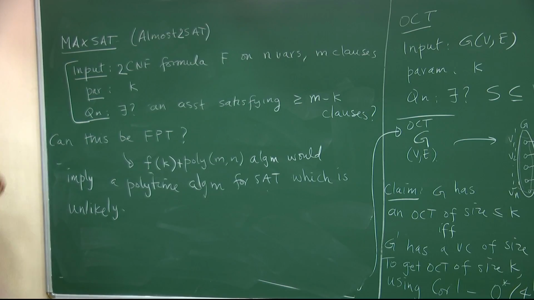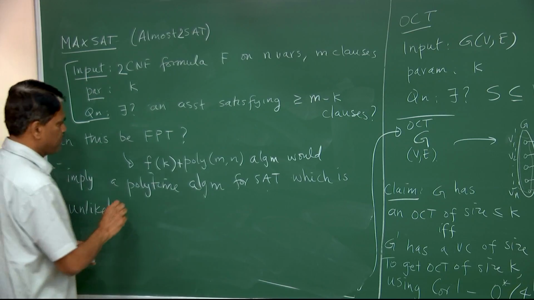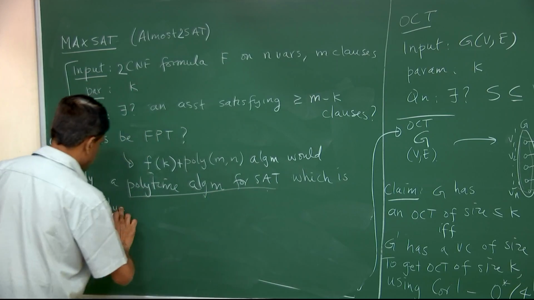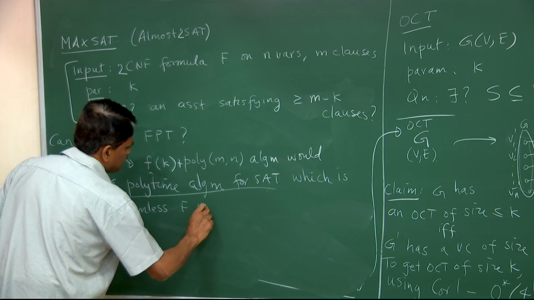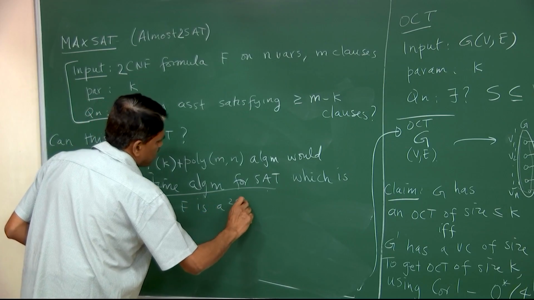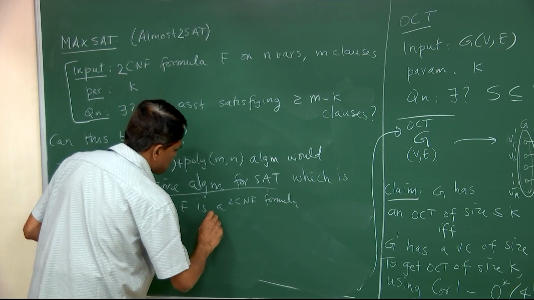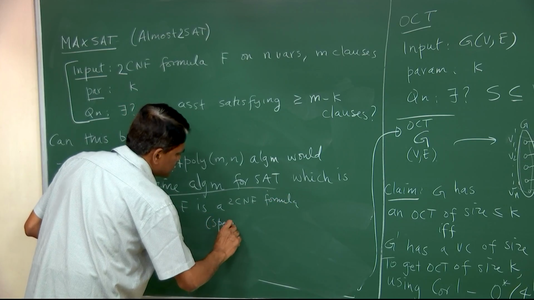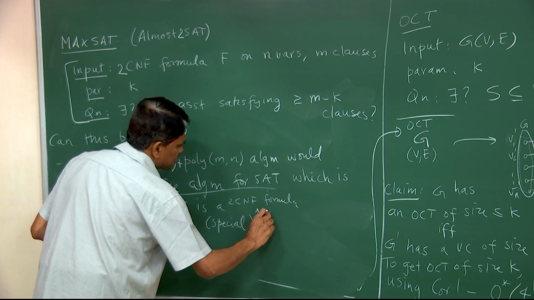So it is still possible that this could be in FPT. A polytime algorithm for SAT is unlikely unless F is some formula where a polytime algorithm for SAT exists.